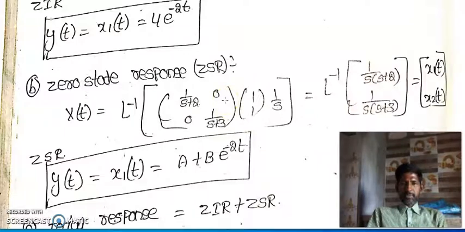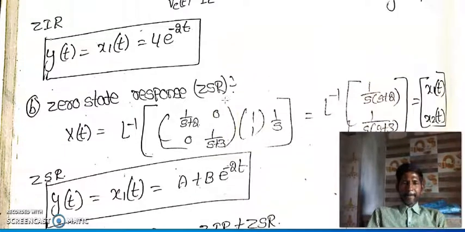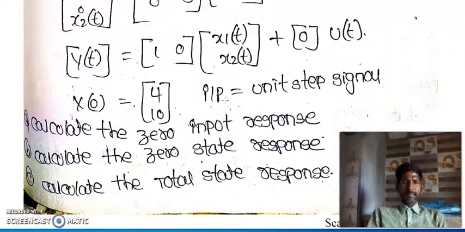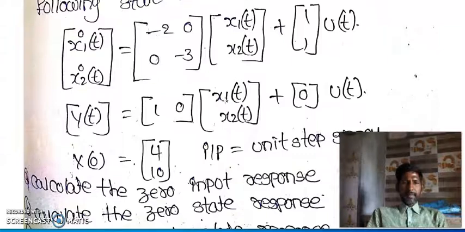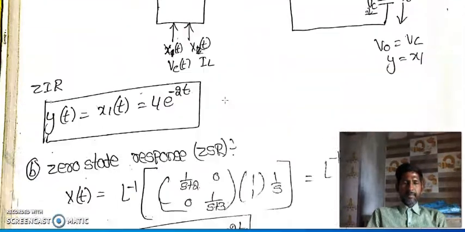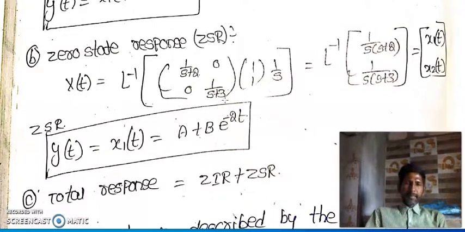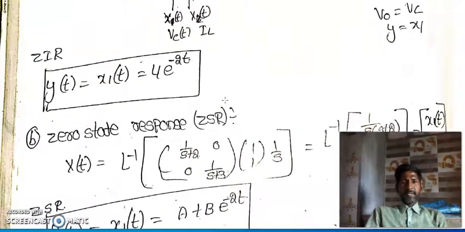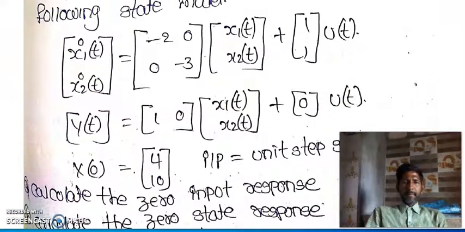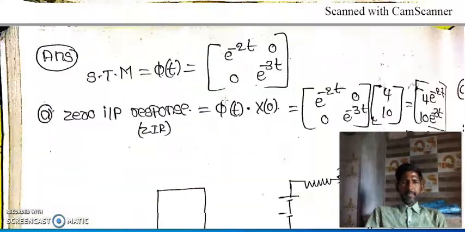Zero state response means the inverse Laplace transform of (sI minus A) inverse into B into 1 by s.